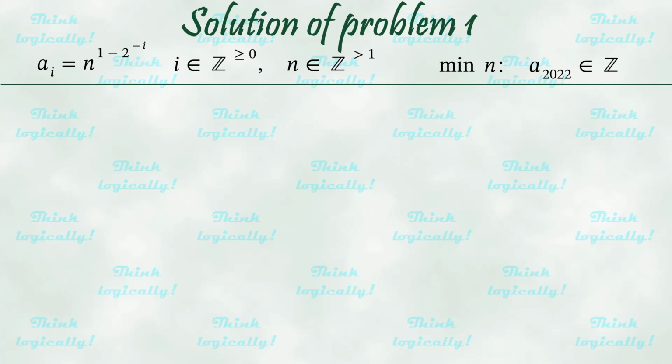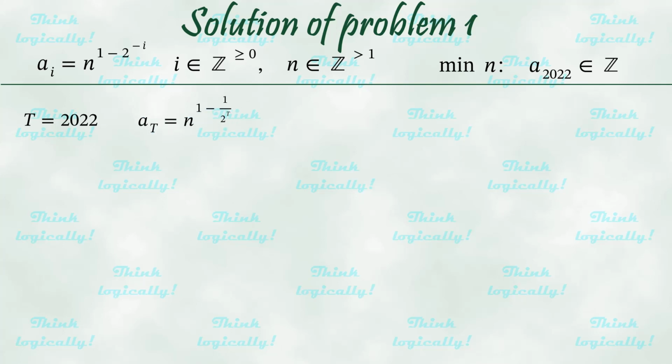We assume n to be an integer greater than 1, and we need to find the lowest value of n so that a with index 2022 is an integer. Let's for brevity replace the number 2022 with the letter t. I decided to use capital T for better visibility. Let's write the formula for a sub t.